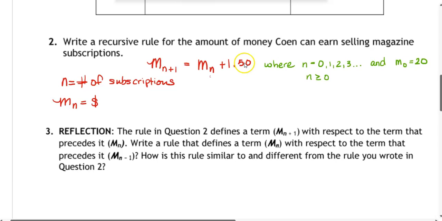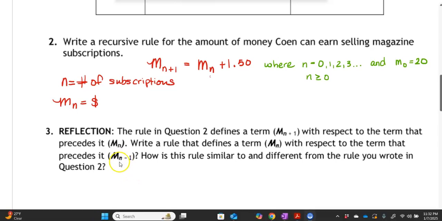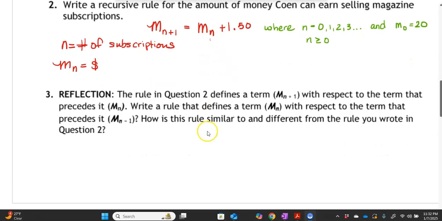It wants me to write a rule that defines the term m sub n with respect to the term that precedes it. So that would be m sub n minus 1, right? Because if this is what I have and I want to know the term before that, that would be n minus 1, because that would get me the one before it.